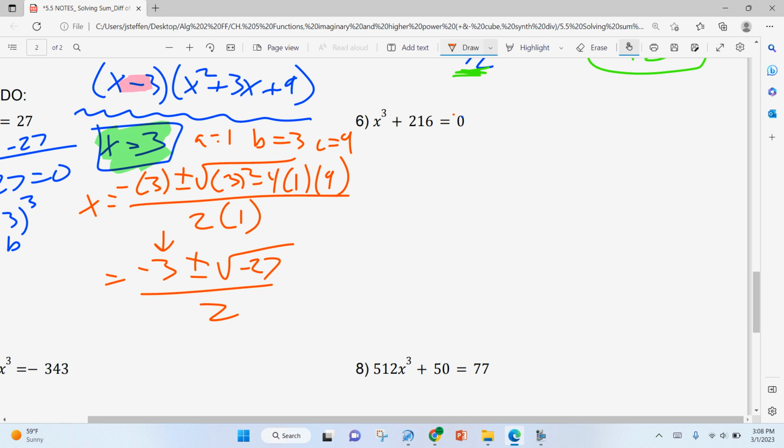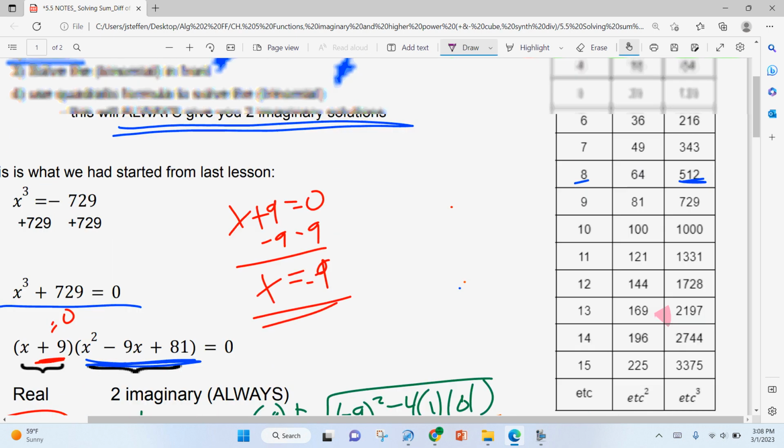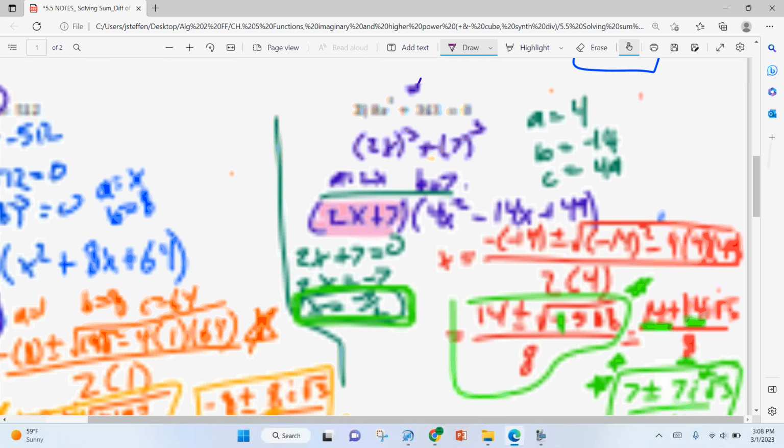And we're doing the same thing over here. So when we factor, we have x to the third, and then 216 is 6, maybe? Yeah, 6 to the third.